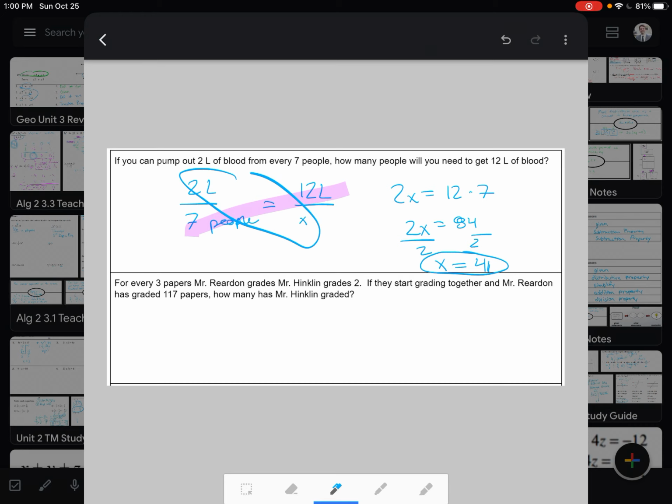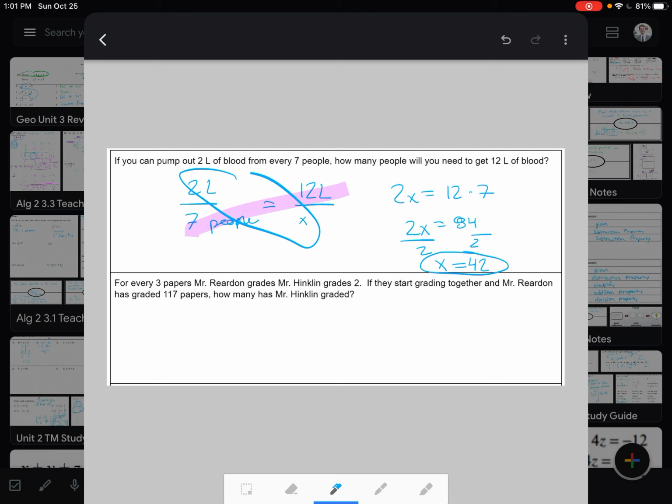We said we need about 6 times more blood, so we should see about 6 times more people needed. That works, so we can see that they proportionally line up. It's about what we expected.